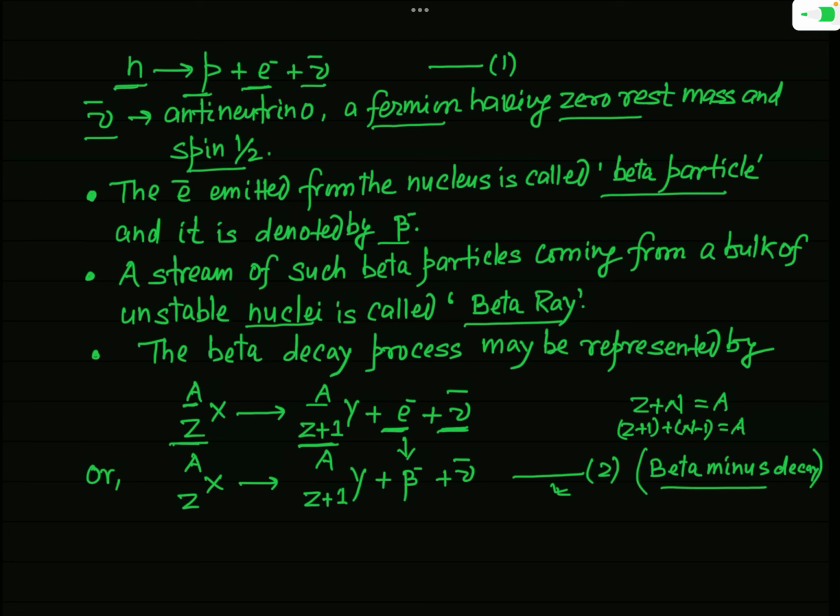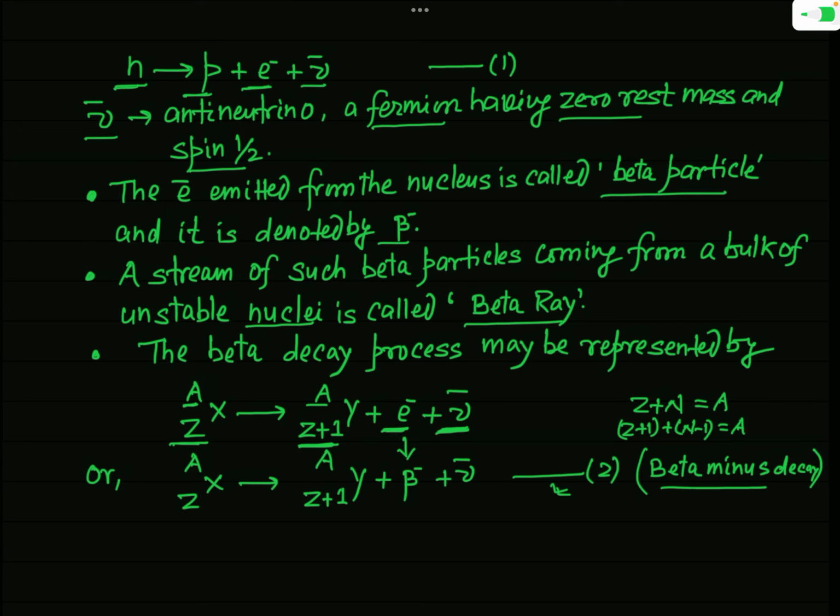So in calculating the rest mass energy, there will be no contribution of this antineutrino. Only the rest mass of the daughter nucleus and the electron will contribute to the rest mass energy of the final constituent, because antineutrino is massless.